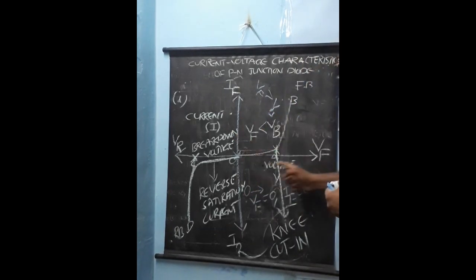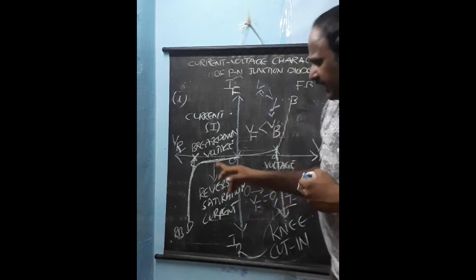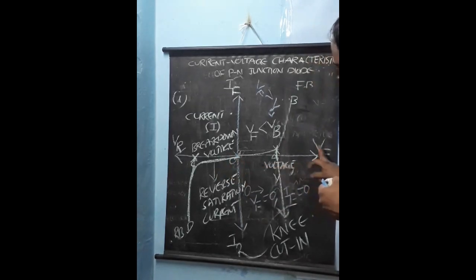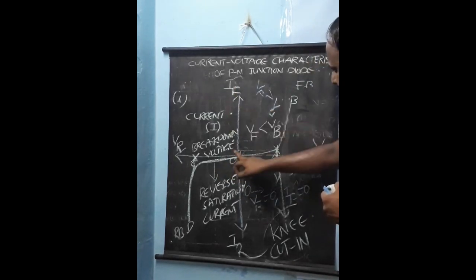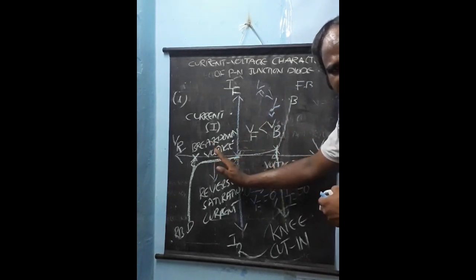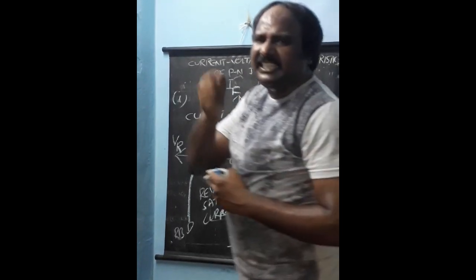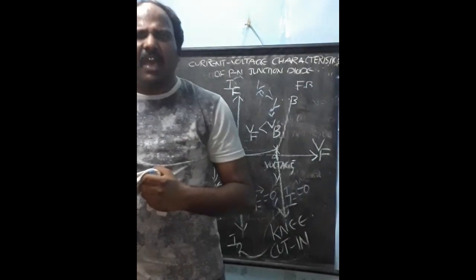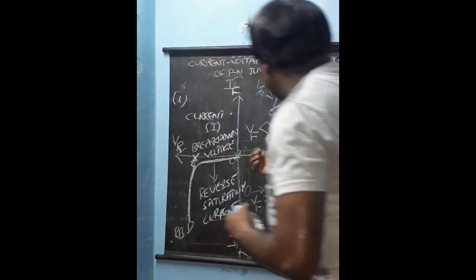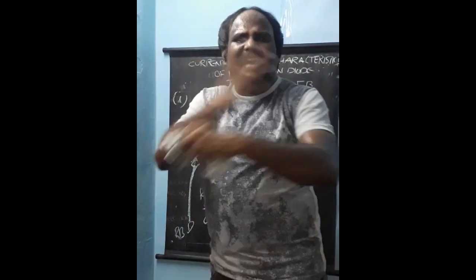In case of forward bias, there are 3 points O, A and B. At O, voltage Vf is 0, current If is 0. With increase in voltage, current also increases from O to A but is very small. Why? Forward voltage is less than potential barrier. Potential barrier is big, so the charge carriers cannot move and cannot produce more current.